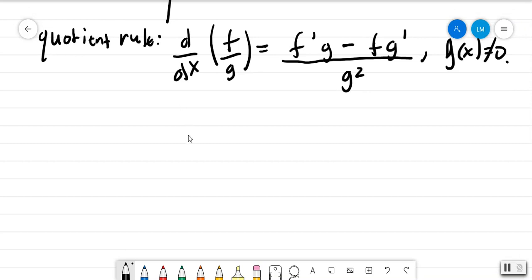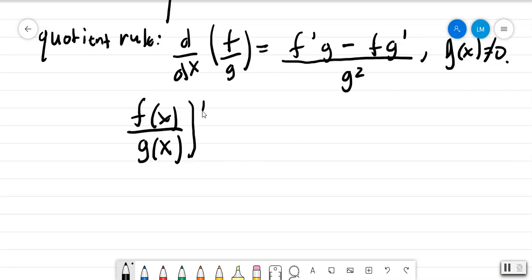So, for example, normally we'll say that the derivative of f of x divided by g of x is equal to g prime times f of x. Let's write that again.